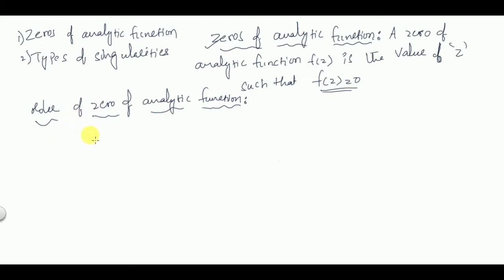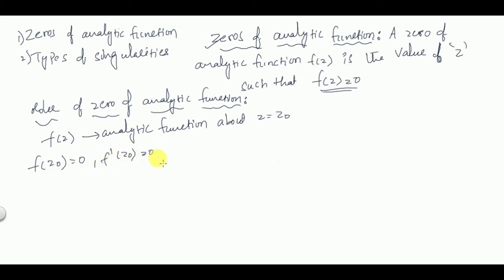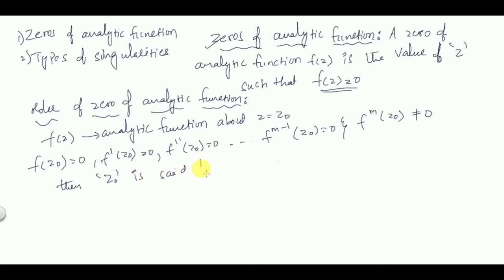So if f of z is an analytic function about z is equal to z0, and f of z0 is equal to 0, f dash of z0 is equal to 0, similarly f double dash of z0 is equal to 0, and so on up to f m minus 1 of z0 is equal to 0, and f m of z0 is not equal to 0, then z0 is said to be 0 of order m.